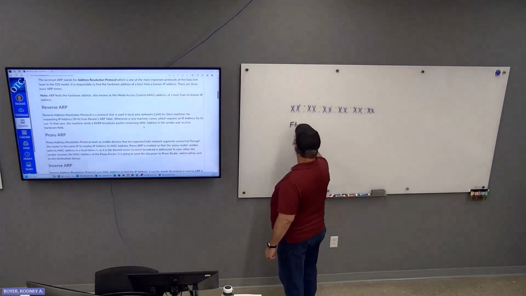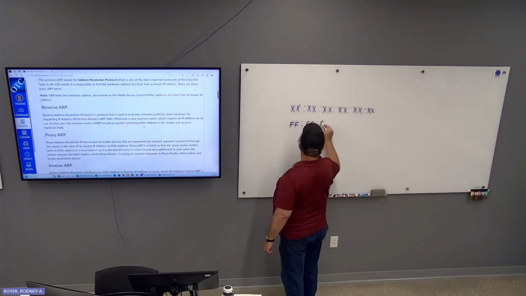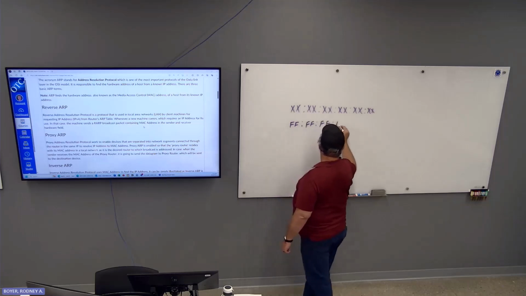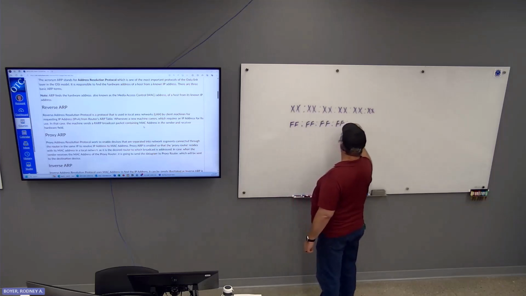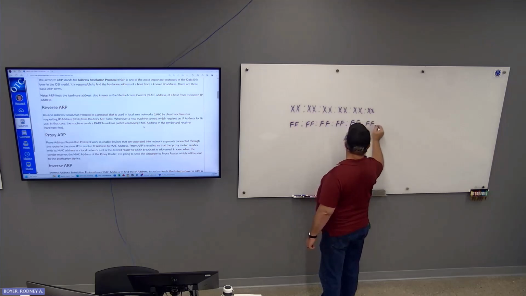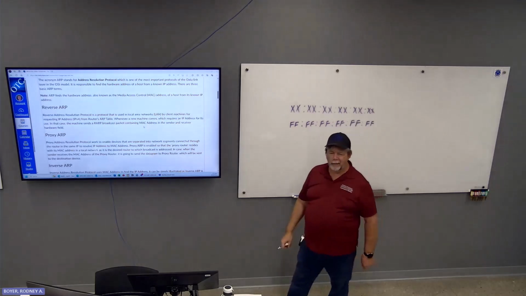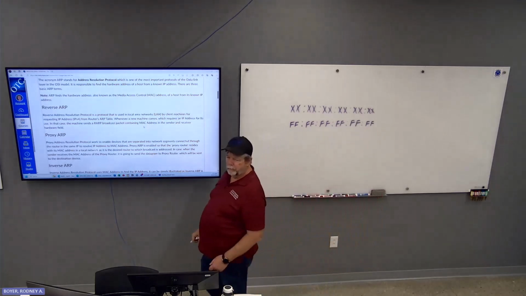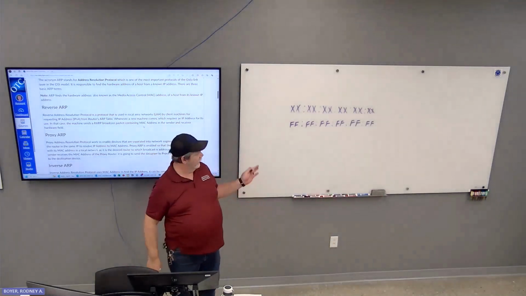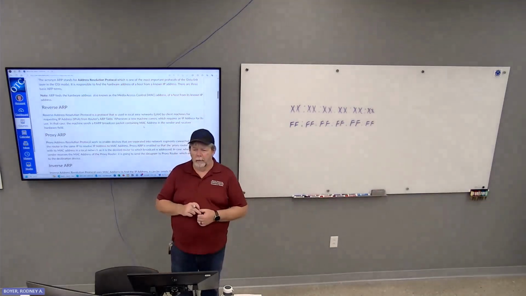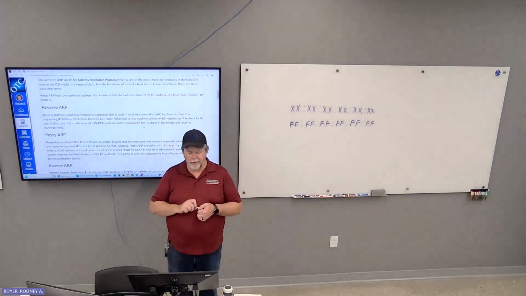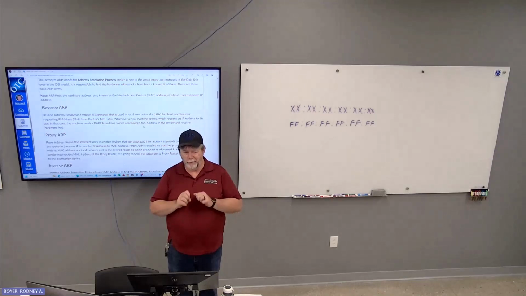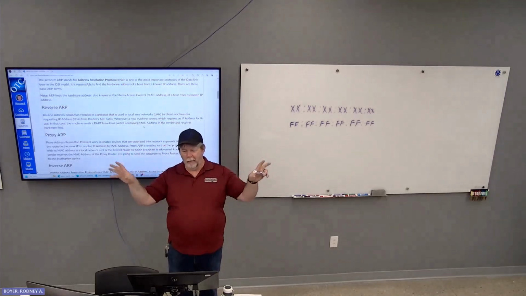Broadcast MAC is all ones, so F. When it does a reverse ARP, it just broadcasts, hey, I want to know who is.